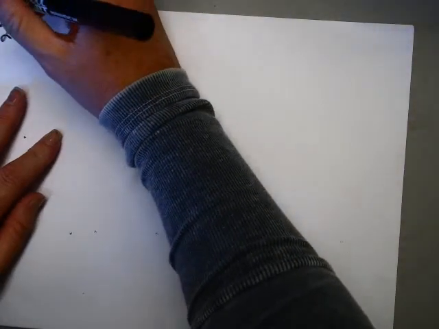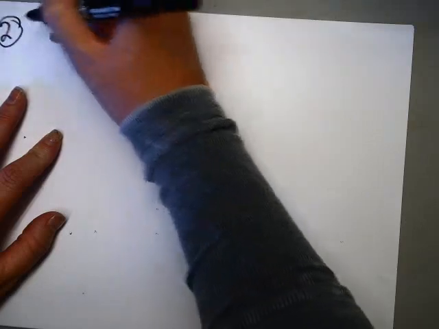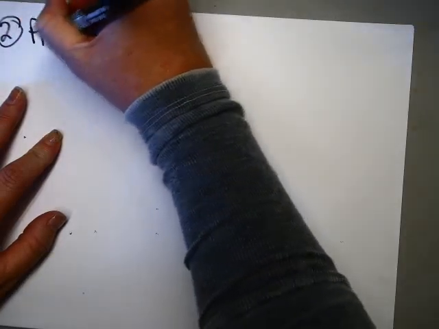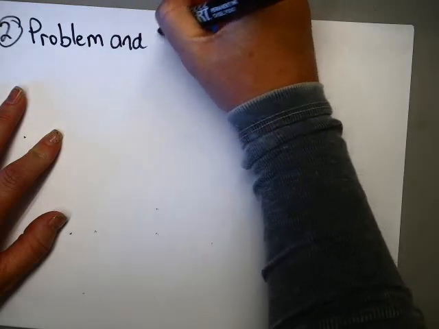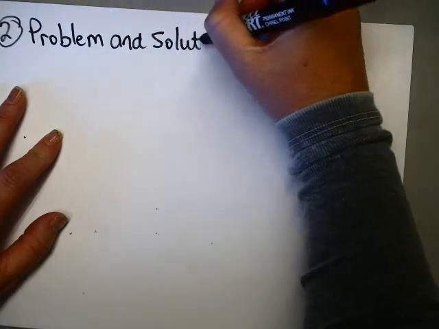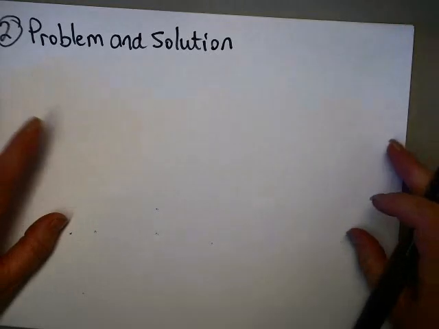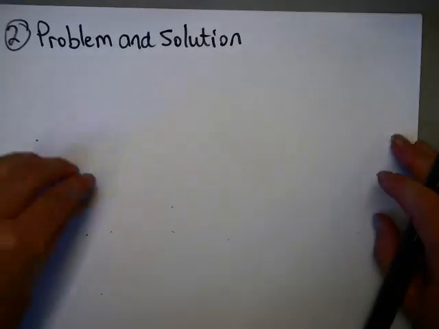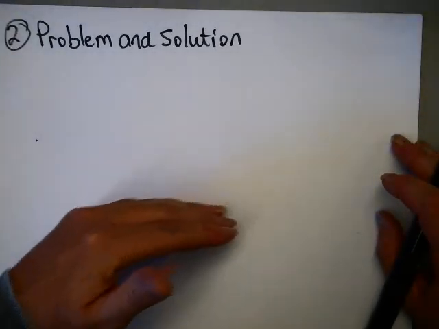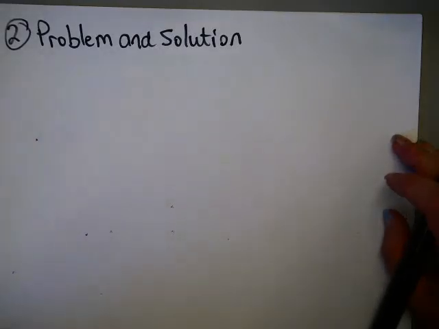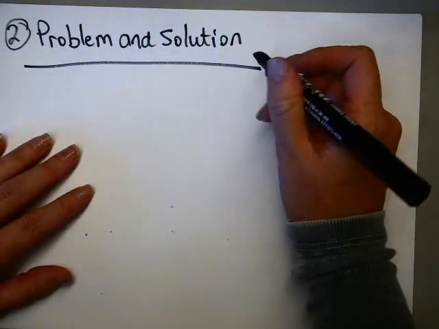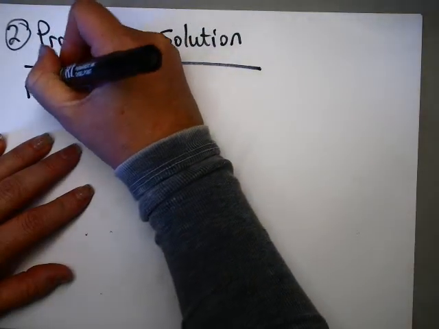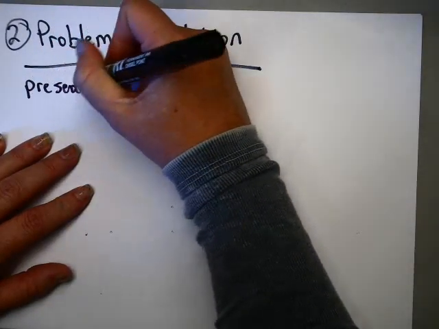So the next one that I'd like to talk to you about is problem and solution. Typically in expository nonfiction, they talk about one problem and then multiple solutions that could be used to solve the problem. And so really how this one works is basically that the author presents a problem, usually just the one.